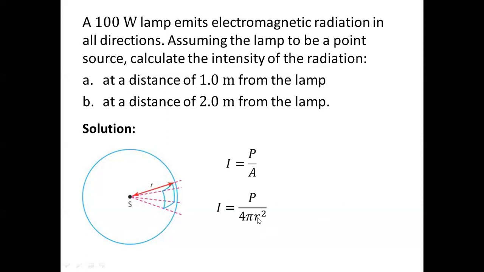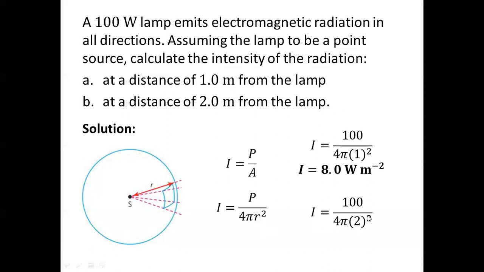Notice that r here represents the distance from the source. So to solve letter A, we just have to replace r by 1 meter, giving us an intensity of 8 watts per square meter. And then for letter B, replacing r by 2 meters, the new intensity will now become 2.0 watts per square meter.